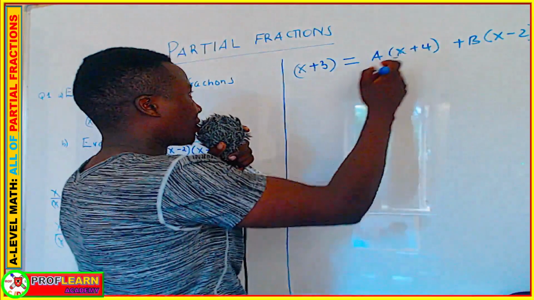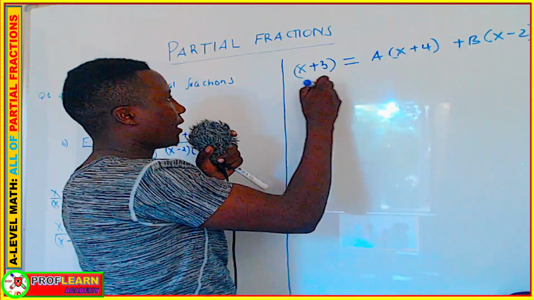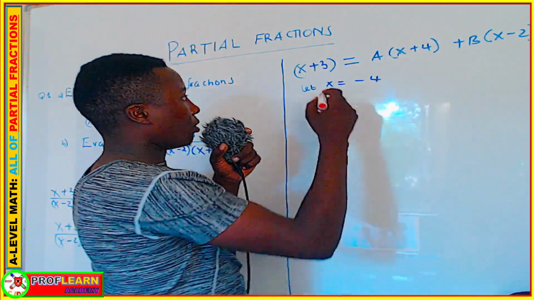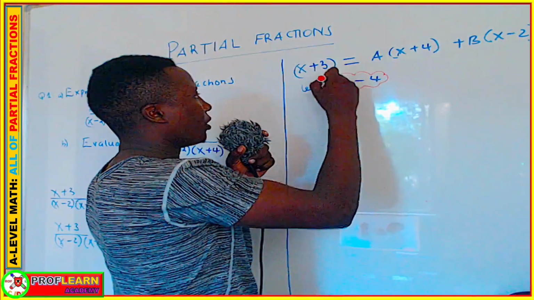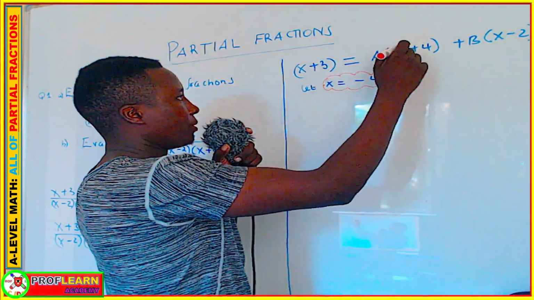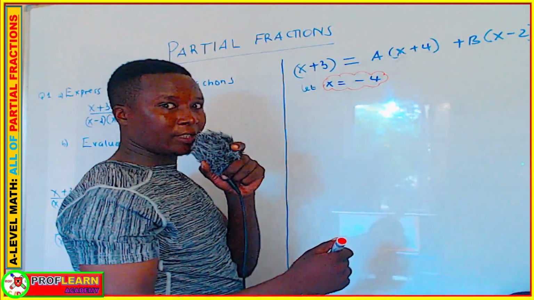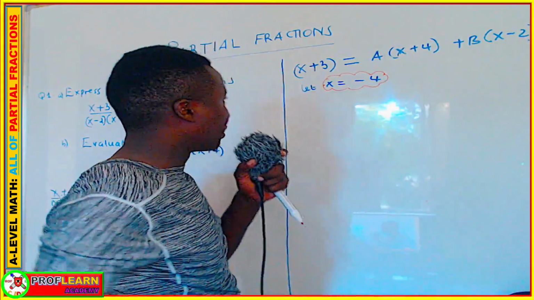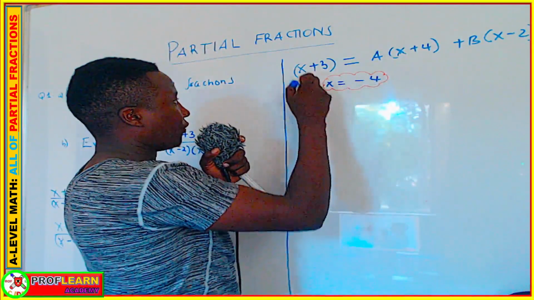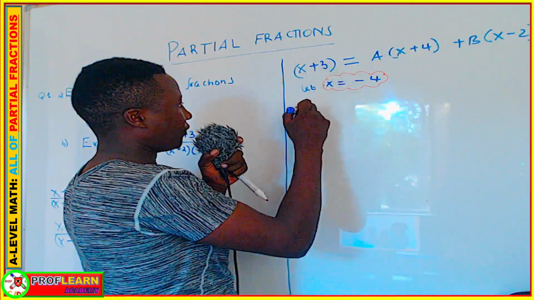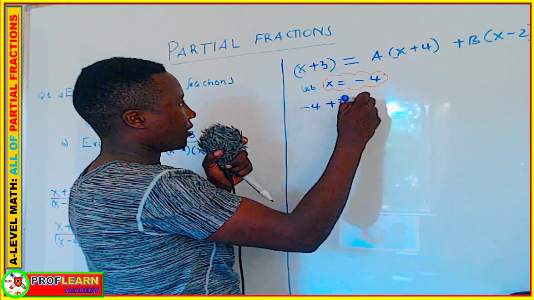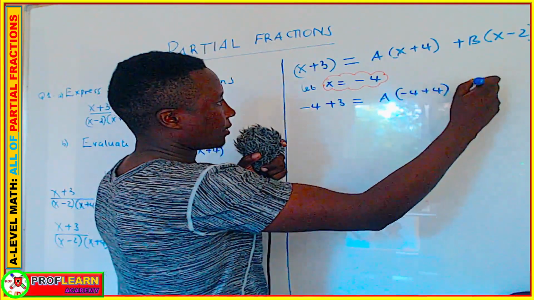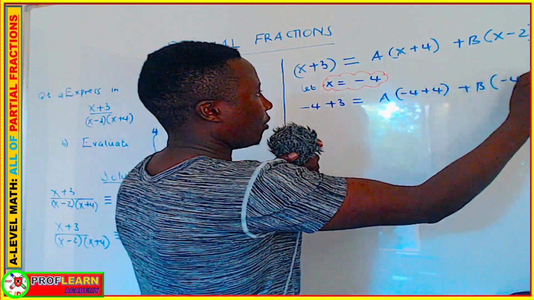To begin with this one, let x be equal to -4. If we let x be -4, we substitute -4 here, so it will be -4 plus 4, and everything runs to 0 so that we can find b. On this other side, we shall have -4 plus 3 equals a into (-4 plus 4) plus b into (-4 minus 2).